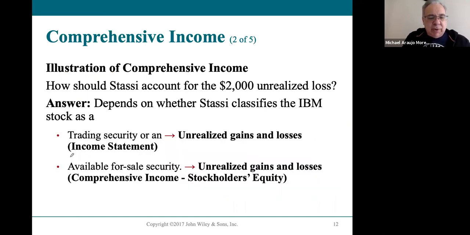So in almost all cases, it's going to be reflected here on this last piece. Most companies have these available for sale securities as their long-term investment.